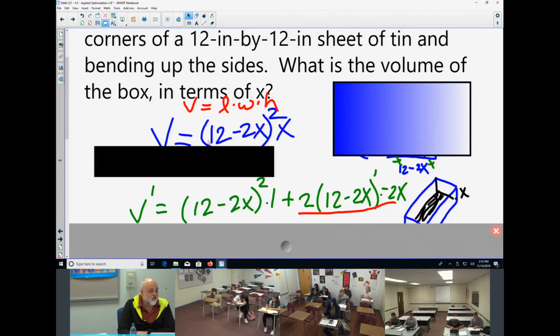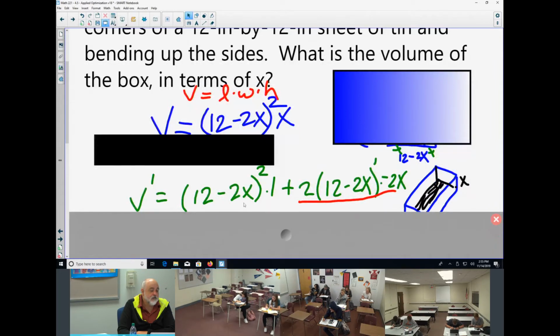You bring the 2 in front, and it's 12 minus 2x to the first. And then the chain rule says you've got to multiply by the derivative of the inside part, which is negative 2, and then times the x. Okay, so this part in red here, I'm using the chain rule. So any questions on the derivative?